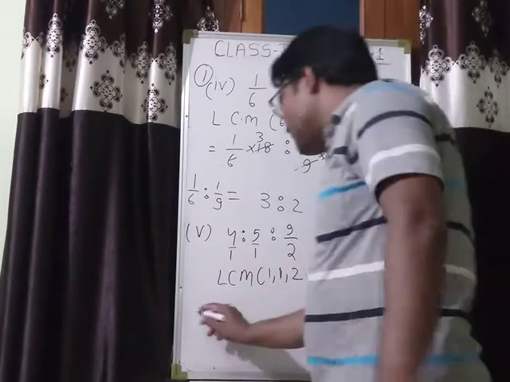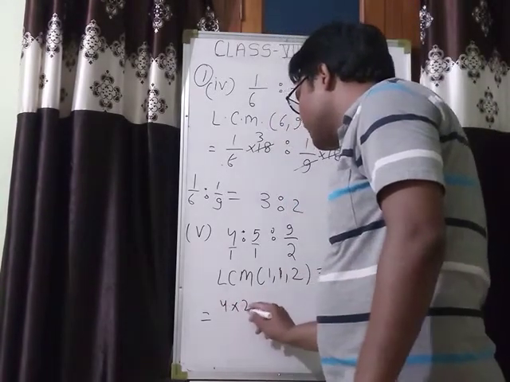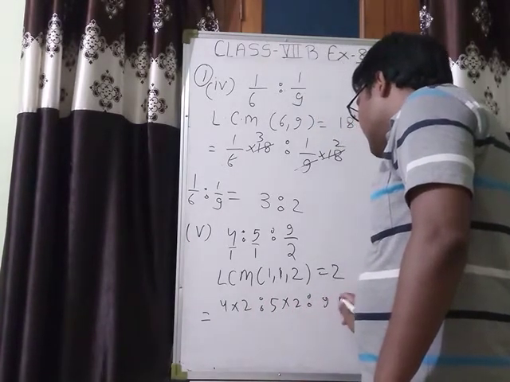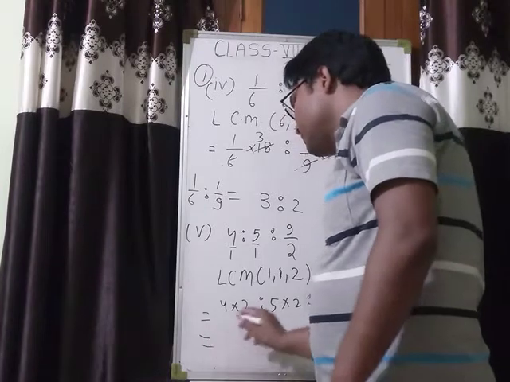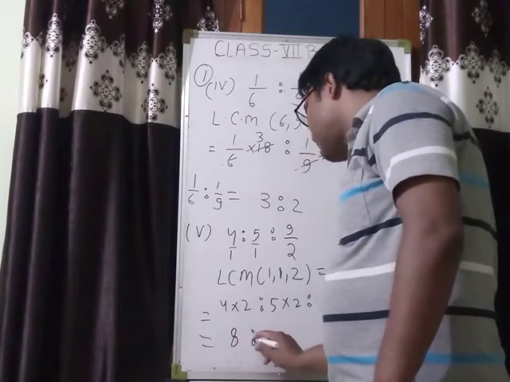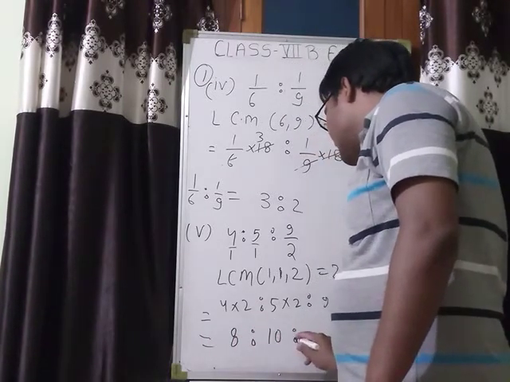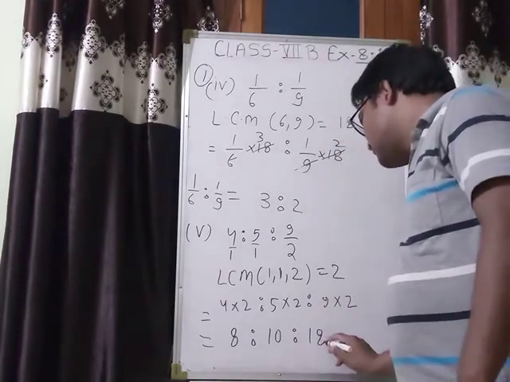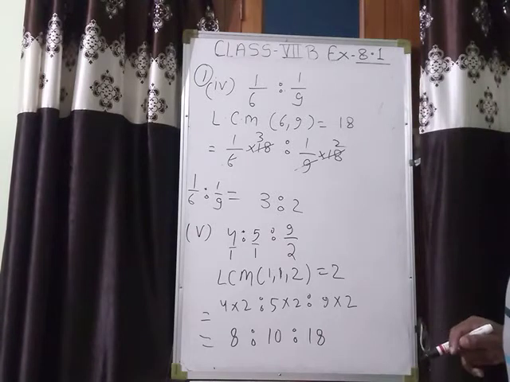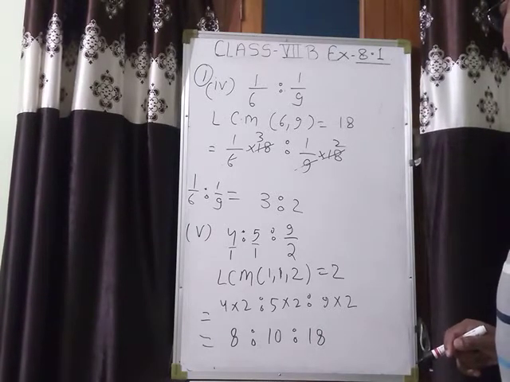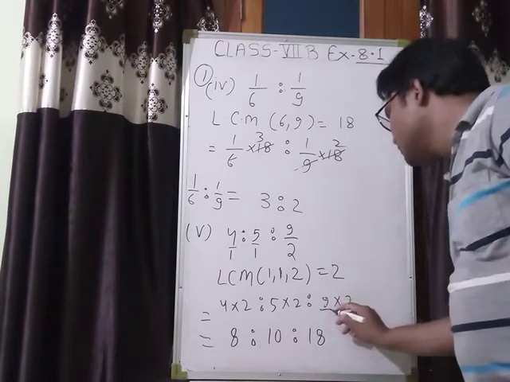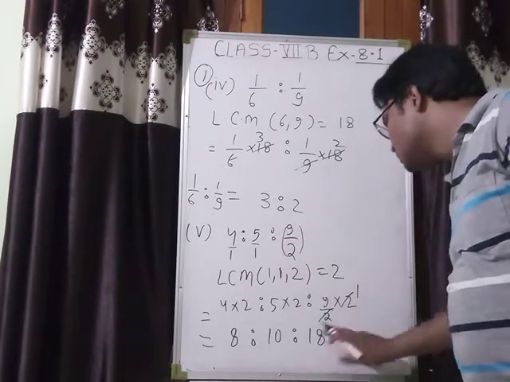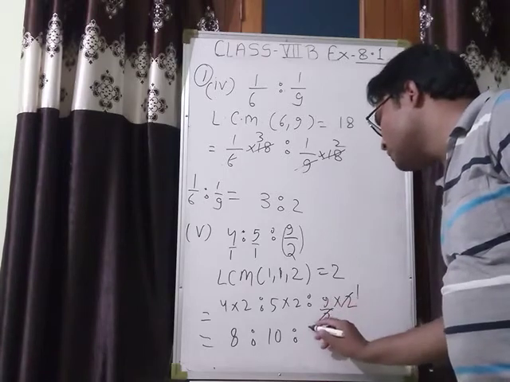So multiply all of this by 2. So 4 into 2 is to 5 into 2 is to 9 into 2. Clearly it will be 4 twos are 8, 5 twos are 10, and 9 by 2 into 2 is 9. So 2 ones are 2, it will be 9 ones are 9.